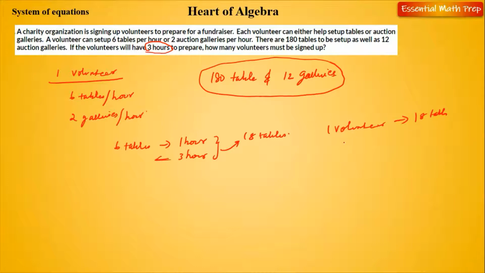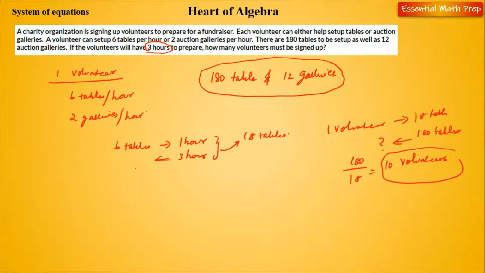So that means how many volunteers would be needed to set up 180 tables? You see, the beauty of it is, in one aspect we went forward, in the other we're going backwards, right? So 180 tables would be 180 over 18, which is 10 volunteers. 10 volunteers are needed to set up 180 tables, right?